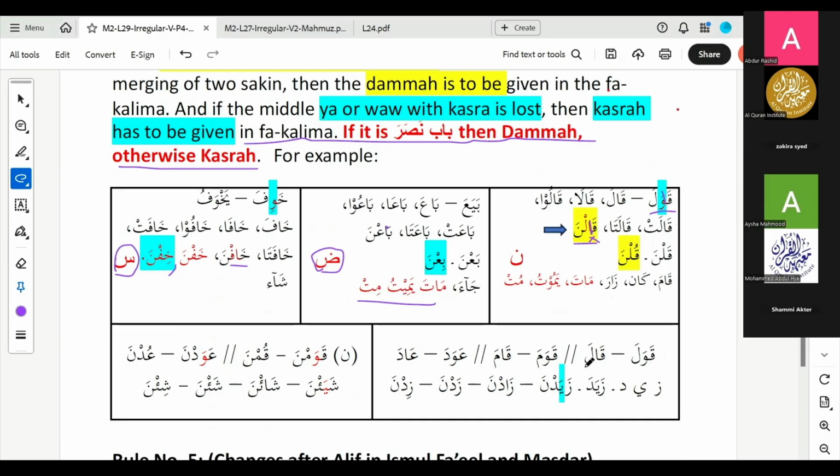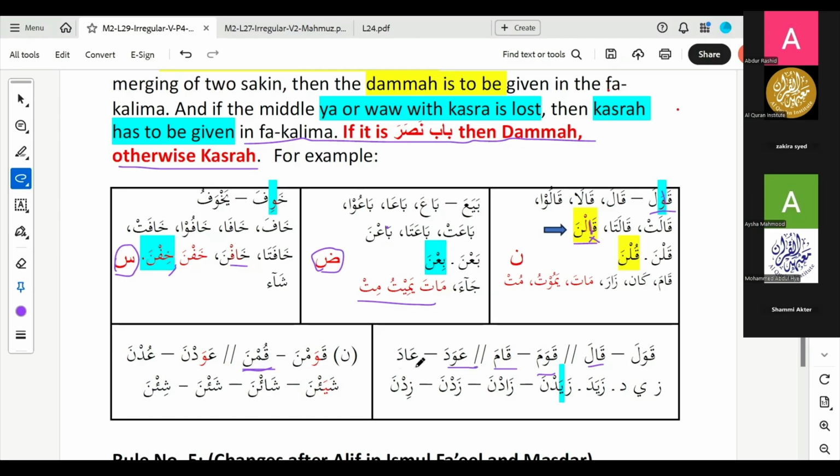So Qawala becomes Qala, Madi first Siga. Its Hunna pattern is Qulna. Qawama, Qama, Hunna pattern is Qumna. Qawamna becomes Qamna, two sakins. One gets dropped, the illat letter gets dropped, and since this is bab nasra, dhamma is added. Qumna.